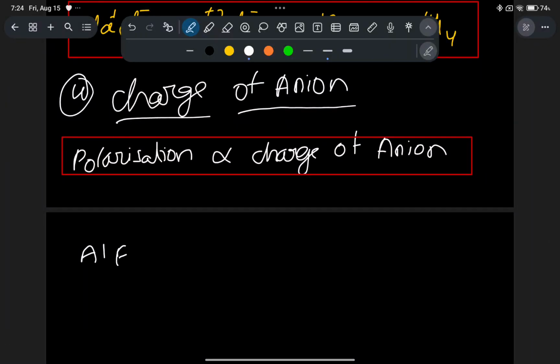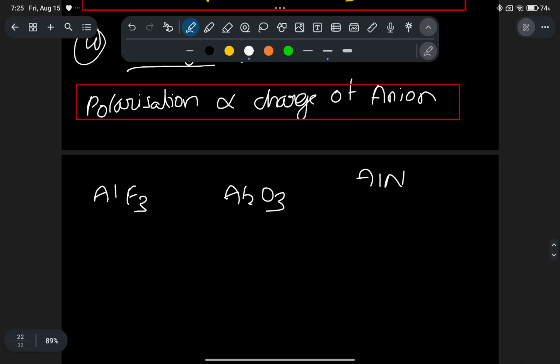AlF3, Al2O3, AlN. If you see here, these are F minus, O minus 2, N minus 3. The charge is like here.